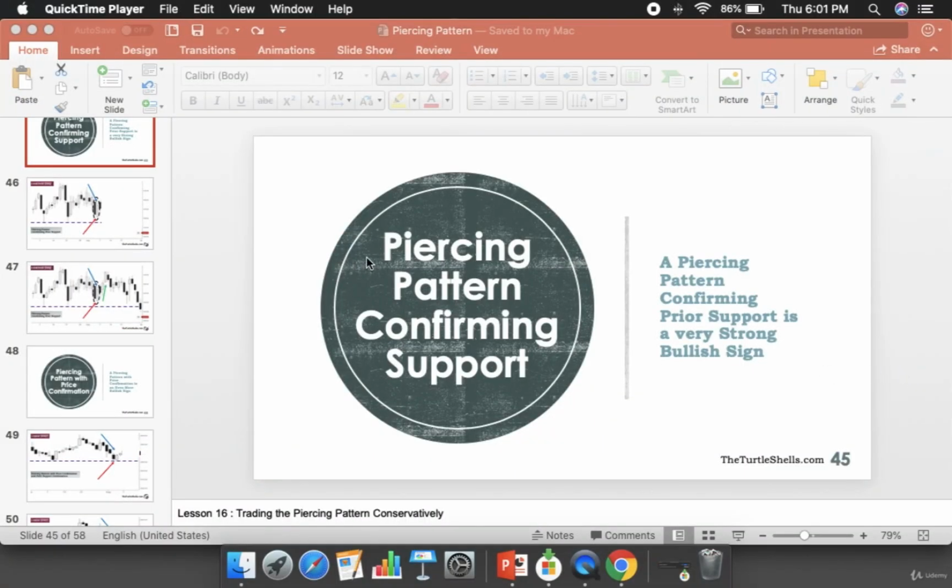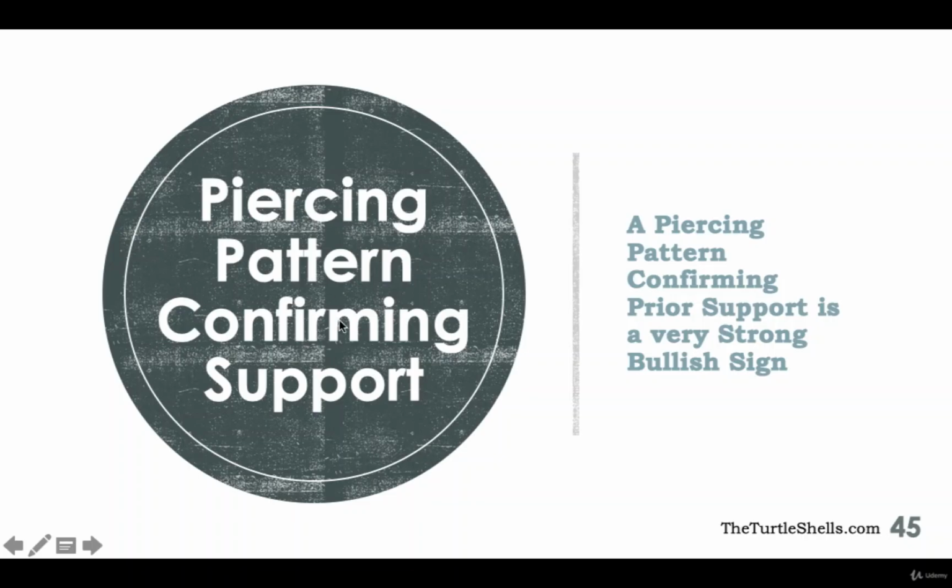Alright, now let us look at how a piercing pattern confirms prior support. In the previous video, we looked at how a piercing pattern becomes support. Now we are looking at how a piercing pattern is confirming prior support. So a piercing pattern confirming prior support is a very strong bullish sign.